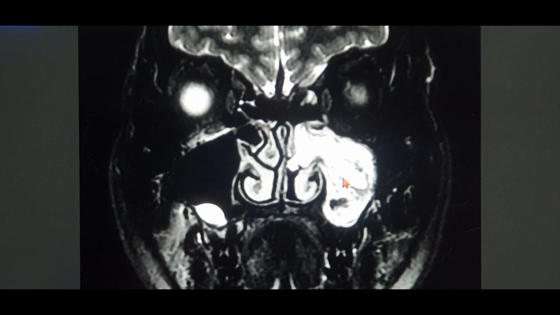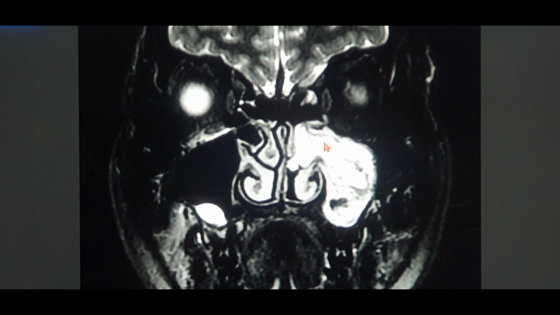Now whenever there is the presence of CCP, the hyperintense and hypointense alternating bands, it is quite suggestive of an inverted papilloma. Also, with the help of this MRI, we can identify the site of origin of the inverted papilloma.